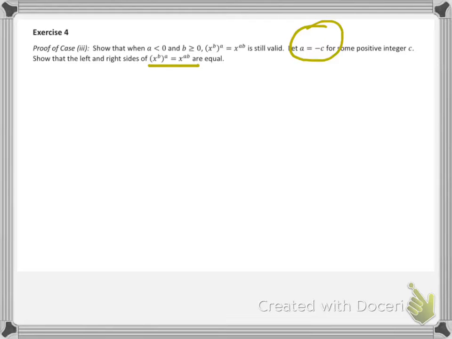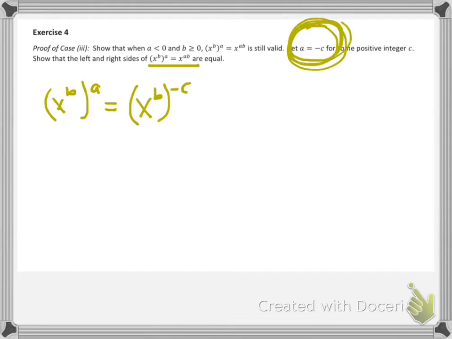Okay, so let's look at the left side. On the left side, we have x to the b, all raised to the a power. And when we substitute a, we're going to have x to the b, all raised to the -c. So all we did was this.